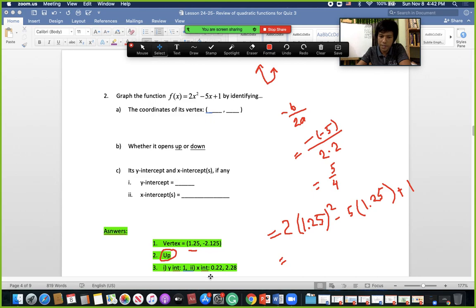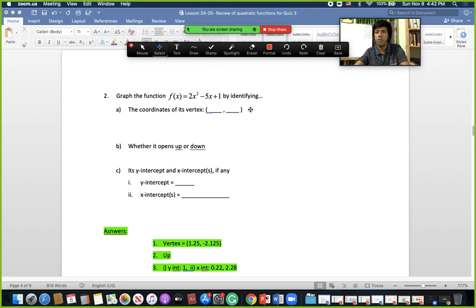And to find the x-intercept, we have to try to factor it. In this case, you will not be able to factor it. There is no integer solution here, because you see this is 2 and this is 1, and the number in the middle is bigger, which is a hint that there will be no integer solution. Which means you have to use the formula, minus b plus or minus the square root of b squared minus 4ac, divided by twice a, the formula that we showed in our theory part, second page.